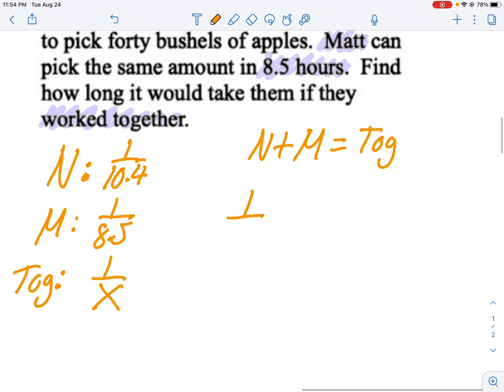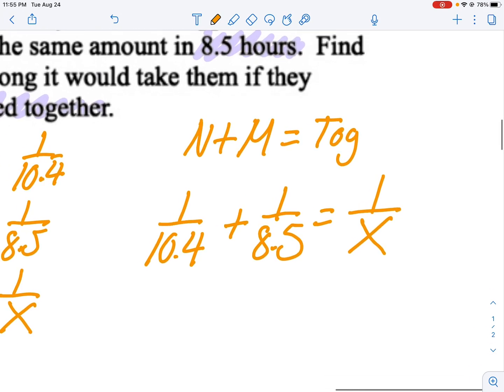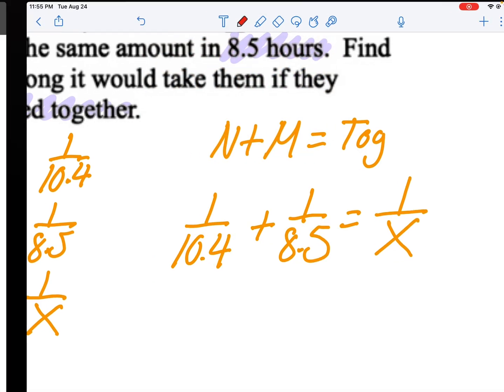So Nicole, 10.4 hours, plus Matt, 8.5 hours. Together, we don't know how long it takes them. So we do the same steps, kiddos. We're going to multiply 10.4 times 8.5 times x. So let us use our calculator.